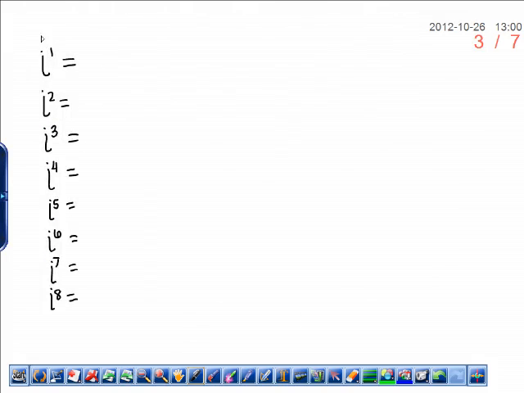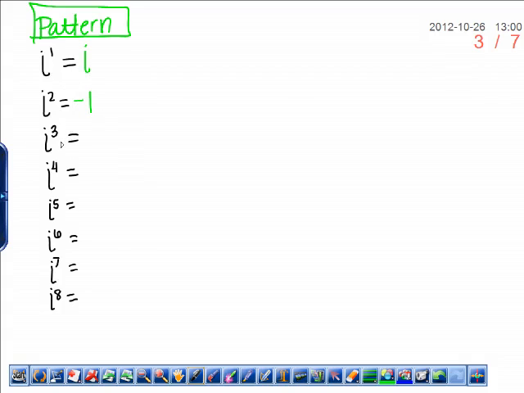So, i's operate in a pattern. Okay? i's operate in a pattern. So we're going to figure out that pattern, and then it's going to help us as we simplify larger powers of i. Okay? So, i to the first is just i. i squared, what did I tell you that was? Negative 1.